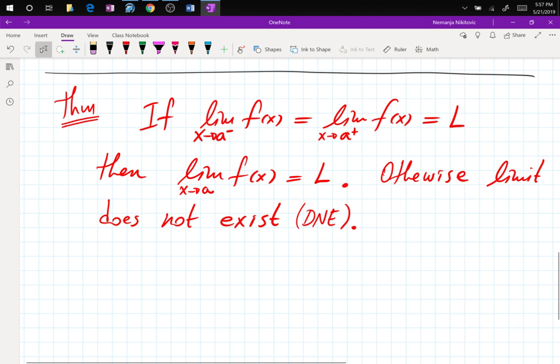So this equal sign is important, because it says that the left limit has to have the same value as the right limit. Otherwise, the limit does not exist. Bueno? Yes, so one-sided limits always exist. Two-sided limits, well, depends. If the one-sided limits are the same, then yes. If they're not the same, then no.